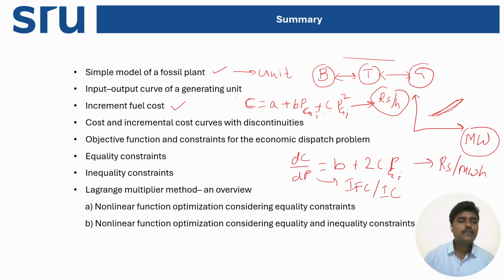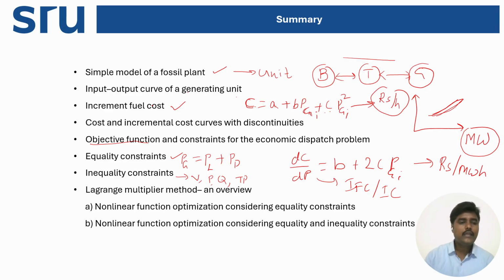And then we have seen the objective function using different fuel cost functions. We have seen the equality constraint, which is the power balance equation: total power generation PG is equal to power transmission loss plus power demand. And we have seen inequality constraints such as voltage constraints, active power constraints, reactive power constraints, and transformer tappings.